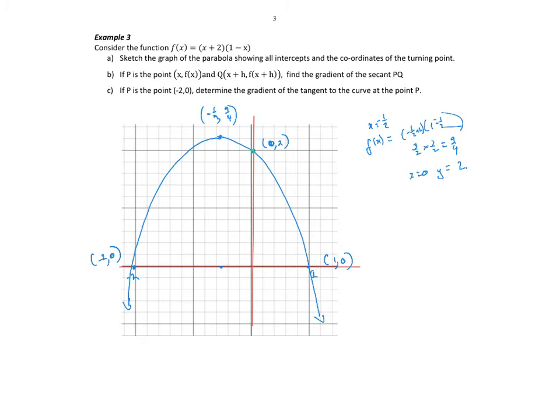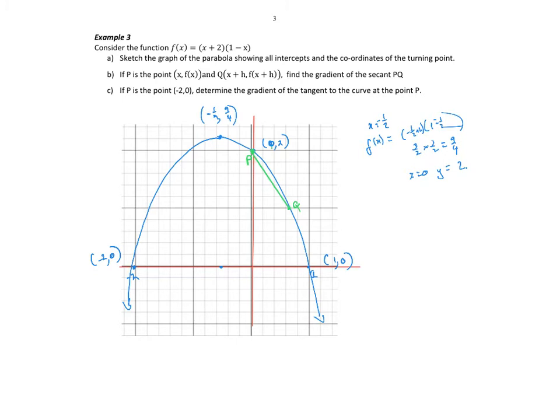So what we're saying is x is the point there, and let's just say that's the point Q. So if that's the point P and that's the point Q, that line there, actually I should undo that. Let's get our rule in there. That line there is the secant, okay, or the line that's joining those 2 points.